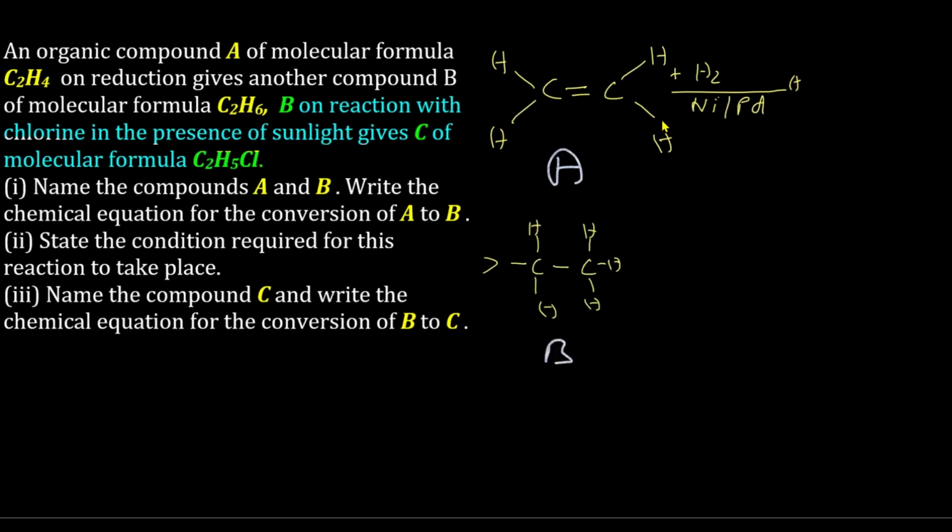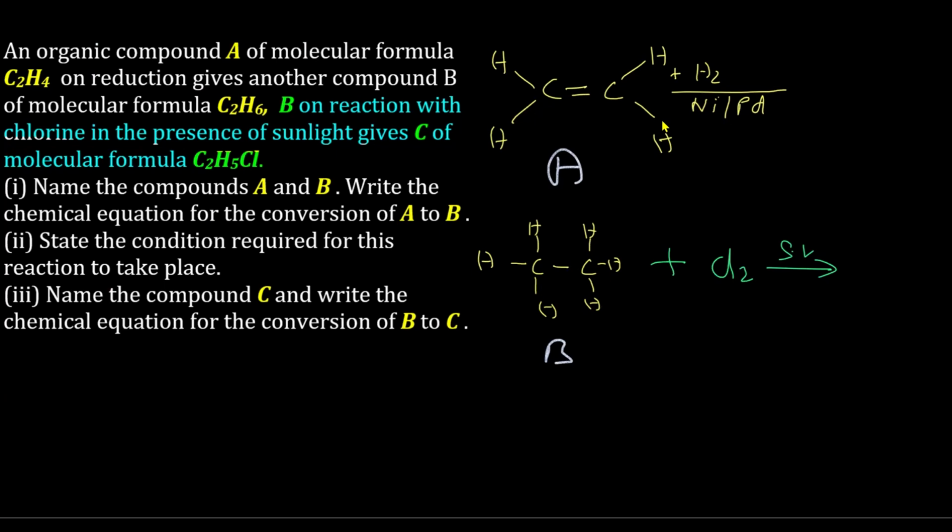Now this compound B is reacting with chlorine gas in the presence of sunlight, so it gives a compound C.